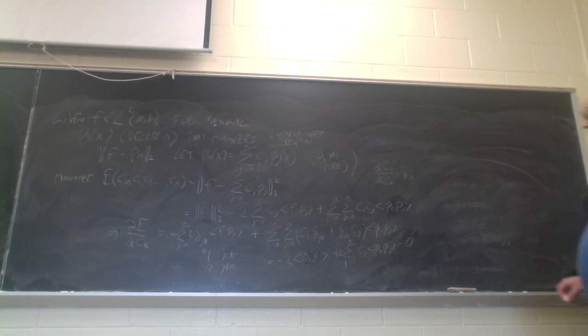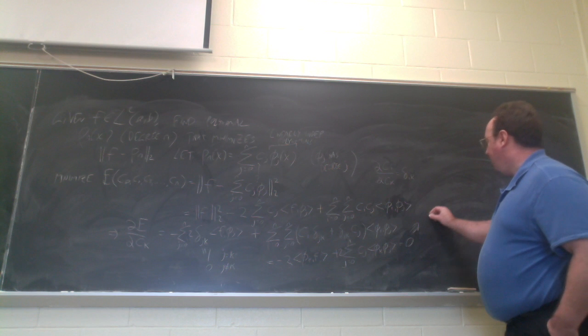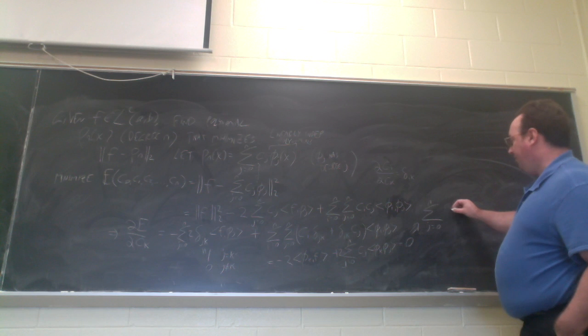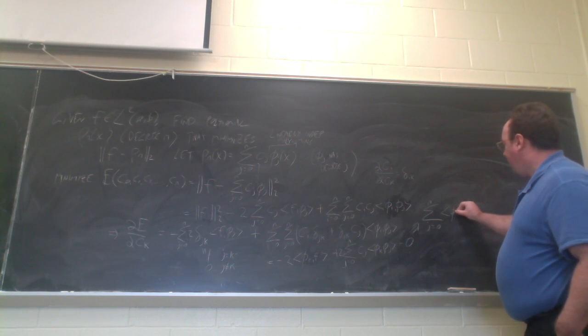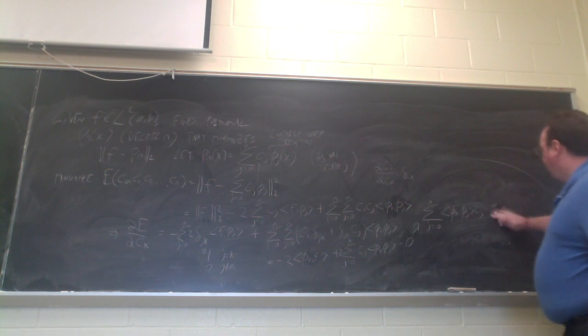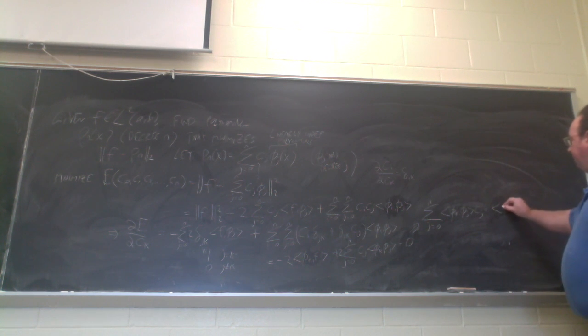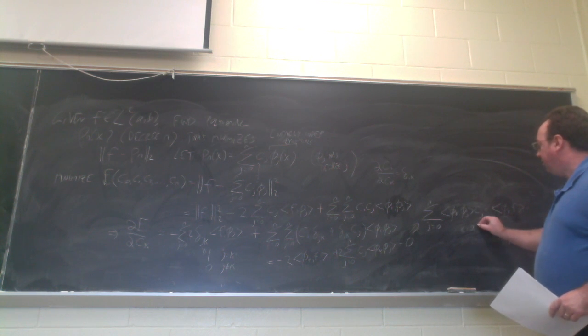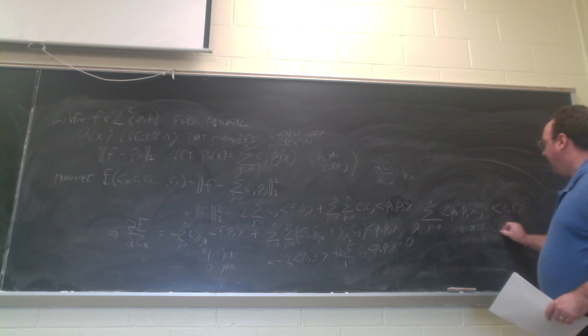So as a result, what we have is the sum of inner product of phi k, phi j times cj must be equal to inner product of phi k with f. And this has to be true for k equals 0, 1, 2, up to n.